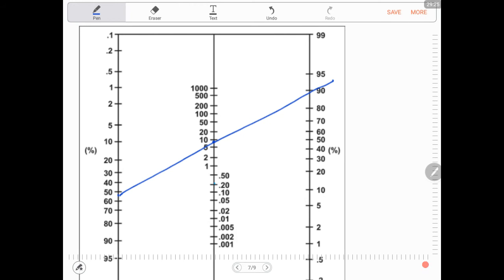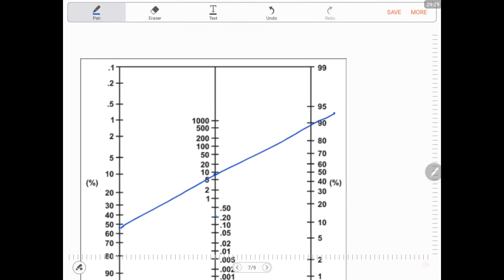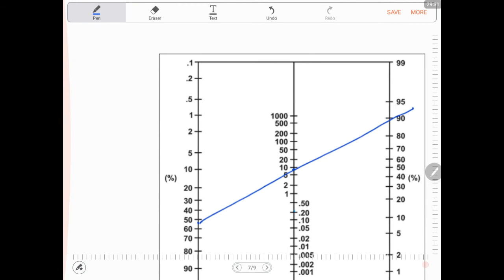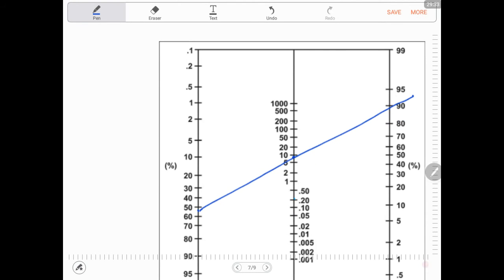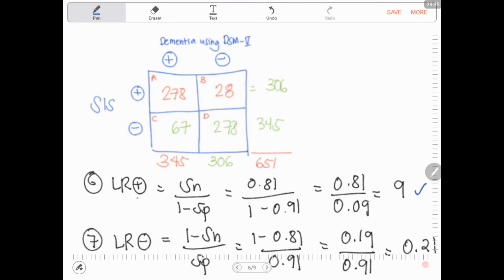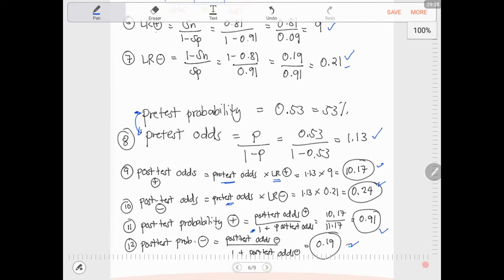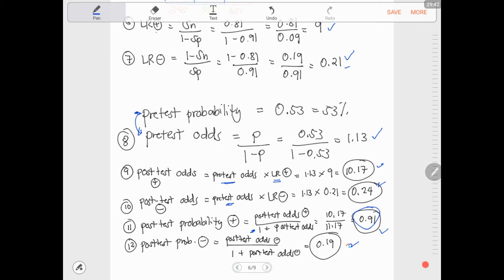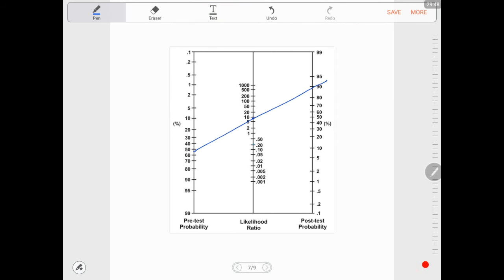So, as you can see, the post-test probability, sa calculation natin, it was 0.91. Ayan, this one. Tapos, ang sa post-test negative is 0.19. So, 0.91.